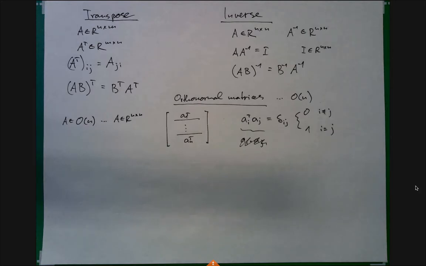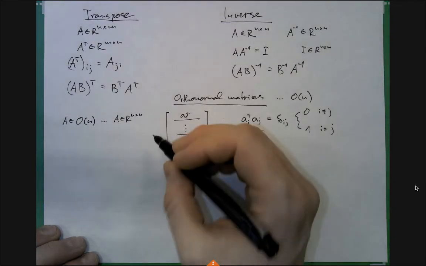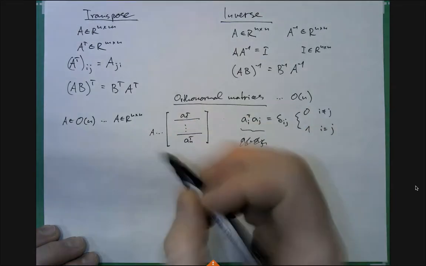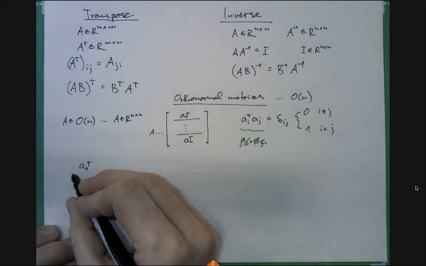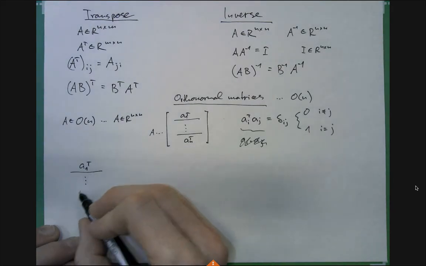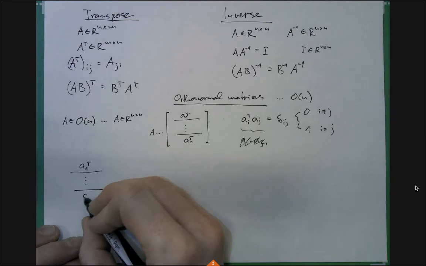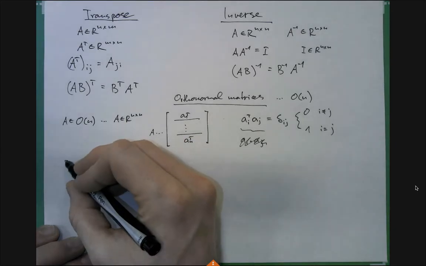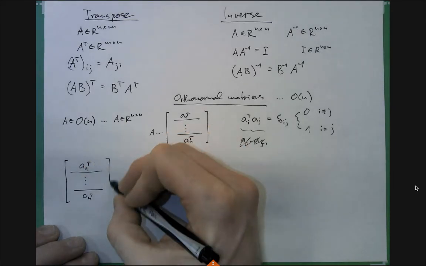And why am I bothering you about this? We already had orthonormal matrices before, but here is the cool thing. Let's say that this is my matrix A. Let's write it again here and see what happens. Or maybe I could ask this way: do you know what the inverse of this matrix is?